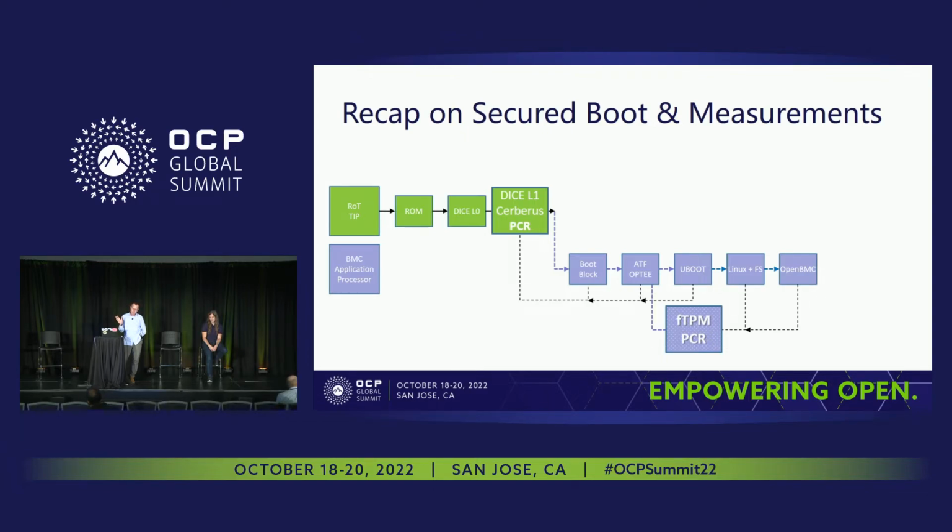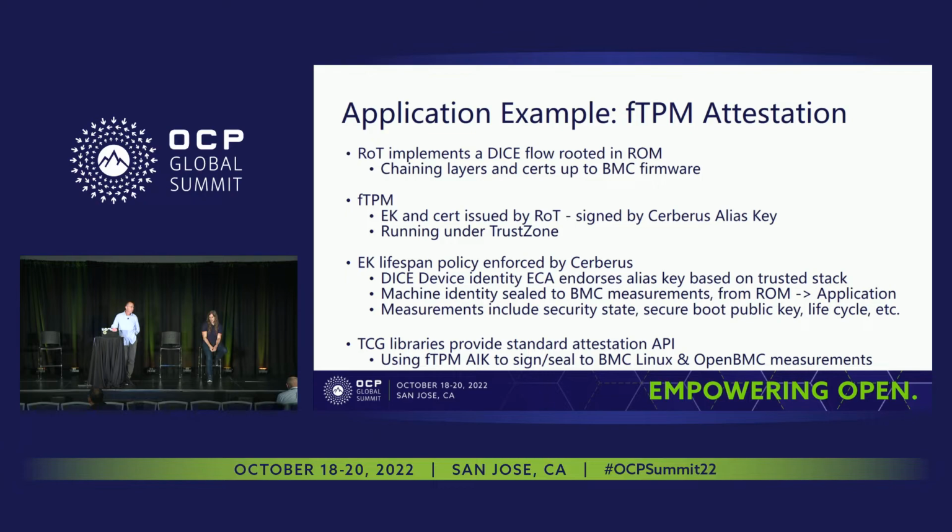And all the measurements done from U-Boot on, of the Linux file system, its configuration, and the OpenBMC, would be recorded and registered in the firmware TPM PCR. That would allow us later to do attestation using standard TCG libraries and tools, through the OpenBMC application and down to the firmware TPM EK.